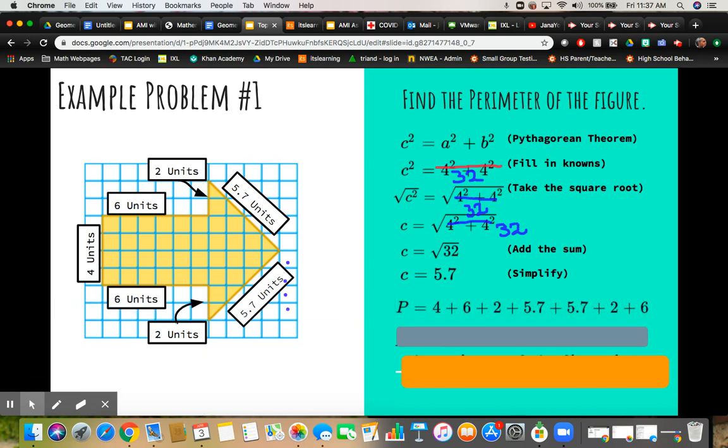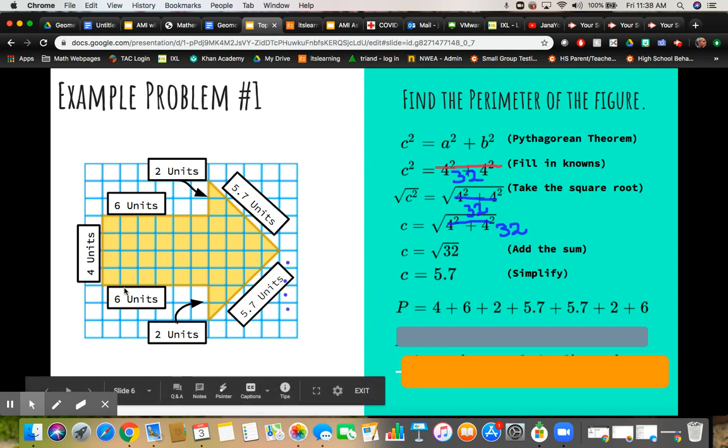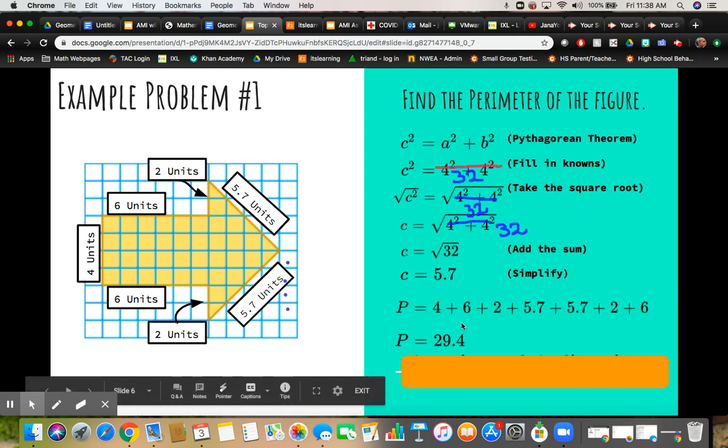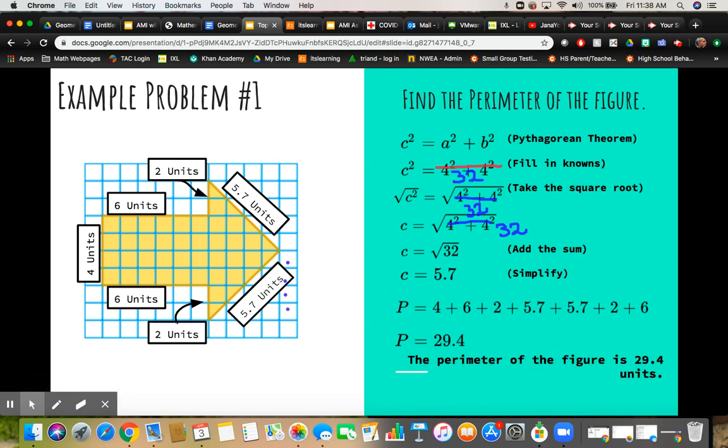Well, the perimeter is just all the sides added together, which is 4 plus 6 plus 2 plus 5.7 plus 5.7 plus 2 plus 6. And when I add them together, I get about 29.4. And again, I'm just going to write it in a form of a sentence according to the problem. The perimeter of the figure is 29.4 units.